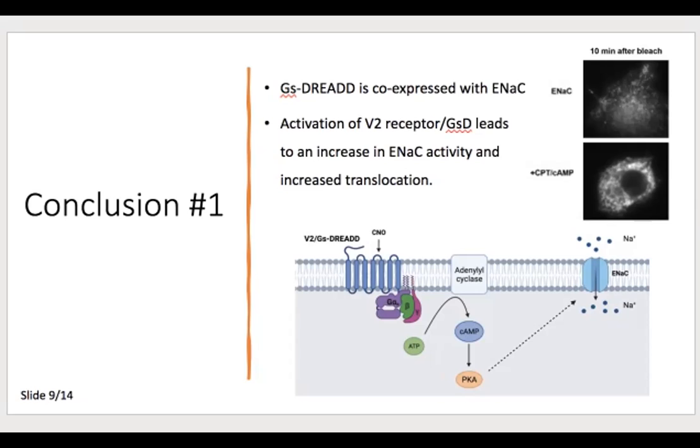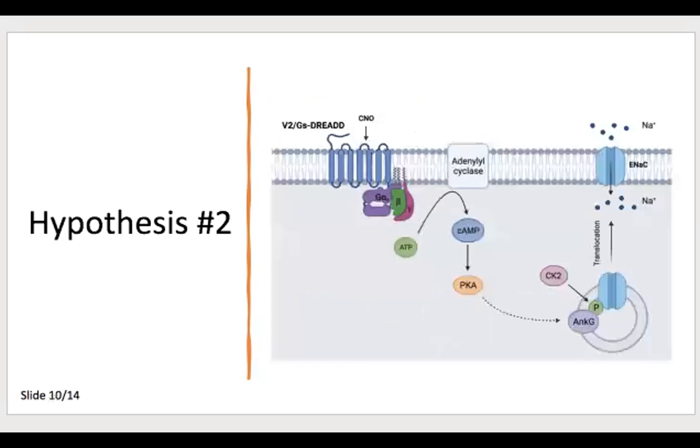It was very interesting to me that CNO treatment led to a greater number of ENaC in the plasma membrane, and that treatment with cyclic AMP led to an increase in ENaC translocation to the plasma membrane. So overall, there were more ENaC units at the plasma membrane. There seemed to be a connection here, but we didn't know the particular proteins involved or the mechanism behind it, so we decided to continue exploring.